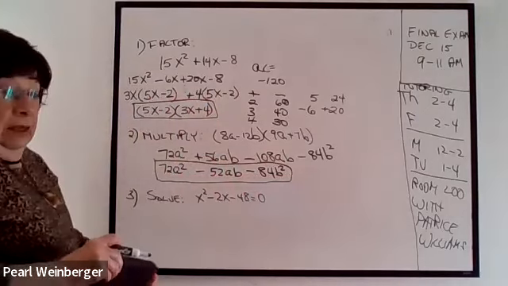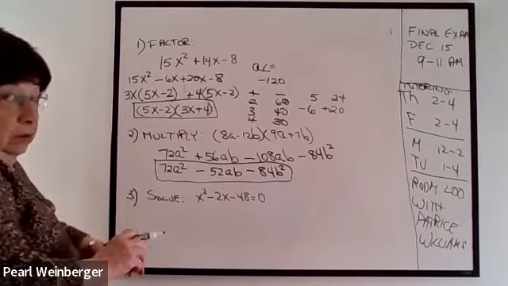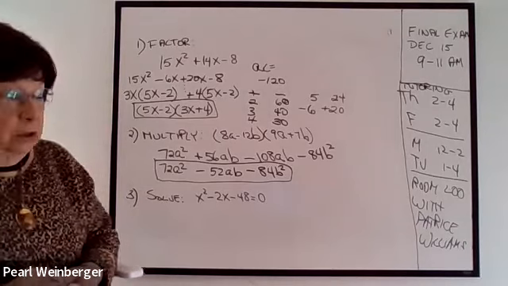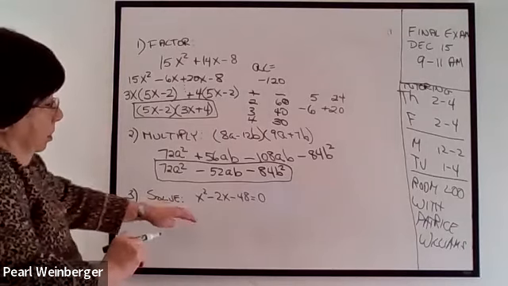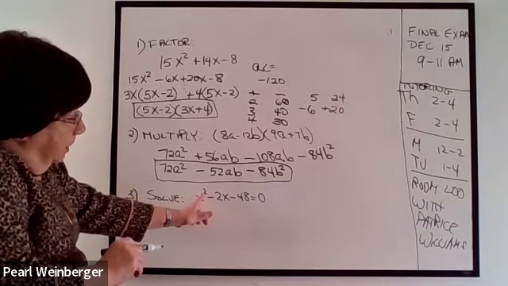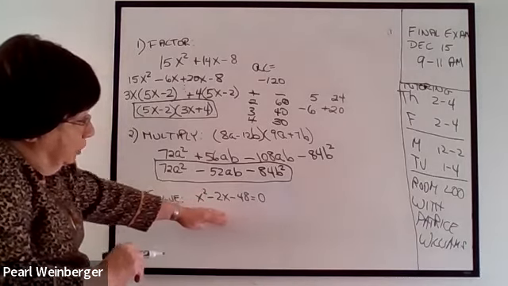Number 3 is what we call a quadratic equation. In a quadratic equation, we have what we call a second degree, an exponent of 2 in our equation.